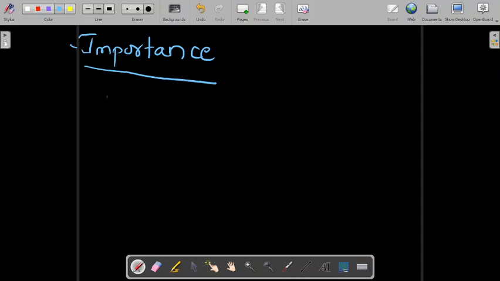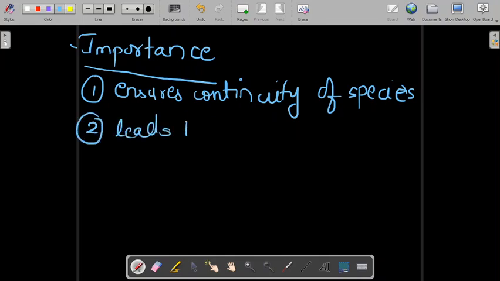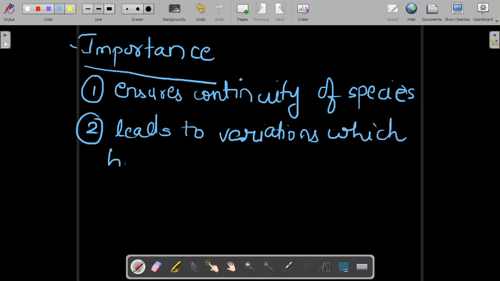This process is very important first because it ensures continuity of species, and second, it leads to variations which help in evolution.